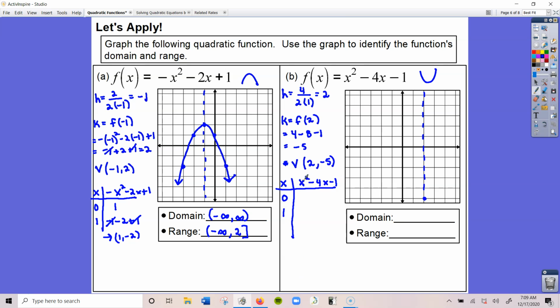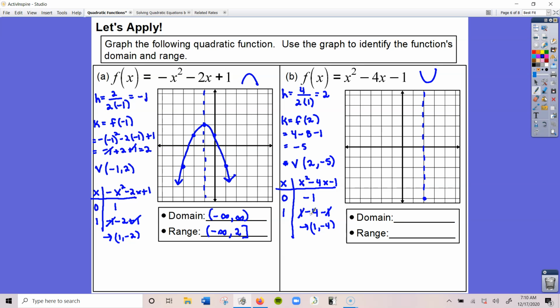If I plug in 0, I get 0 minus 1, so negative 1. If I plug in 1, 1 squared is 1, minus 4 times 1, which is negative 4, minus 1. So I have the coordinate 1, comma, negative 4.